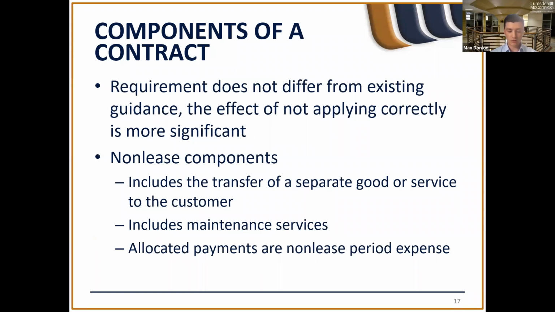So the consideration, the payment in the contract, must be allocated between the lease and non-lease components, which is why it's so important to identify the separate components in a leasing arrangement. However, the FASB has allowed the lessee to elect a practical expedient to not separate out the lease and non-lease components and treat this as a single lease component if it's not practical to identify the separation in the two types of components.